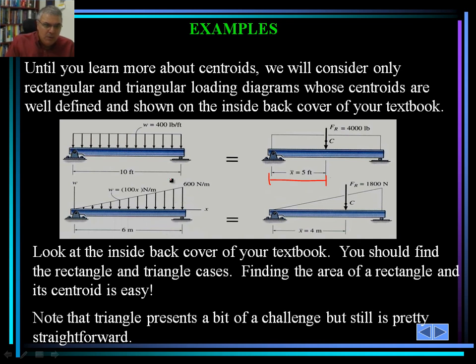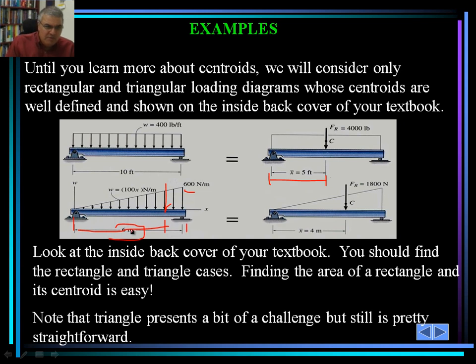Triangular load, we simply calculate the area of this triangle, 600 times 6 divided by 2, or simply 600 times 3, 1800. We would place it 2/3 away from the left-hand side and 1/3 away from the right-hand side.